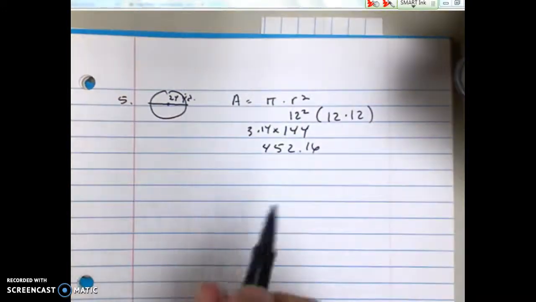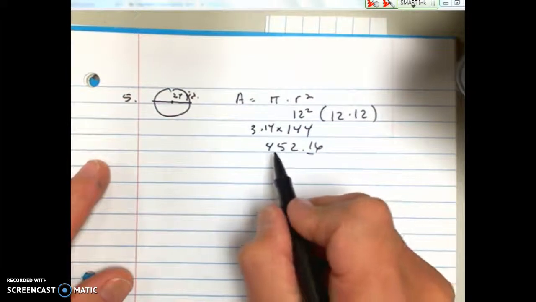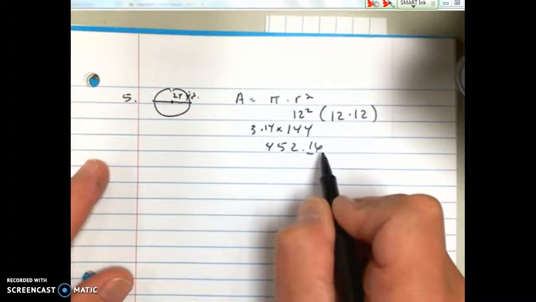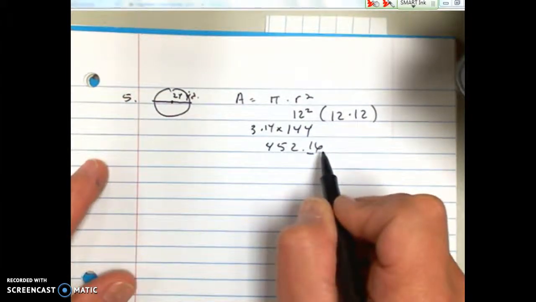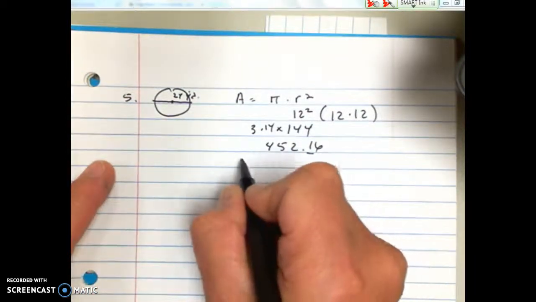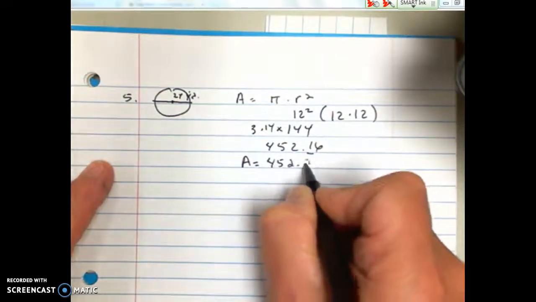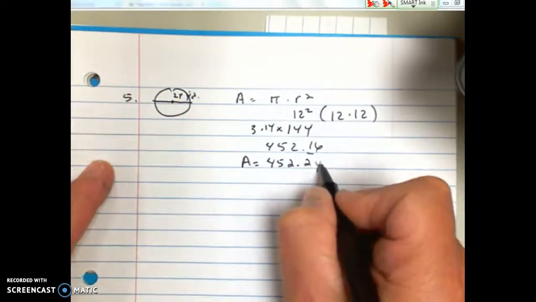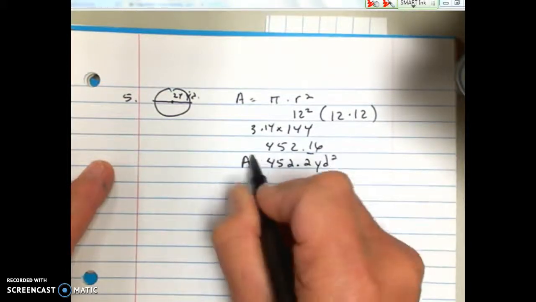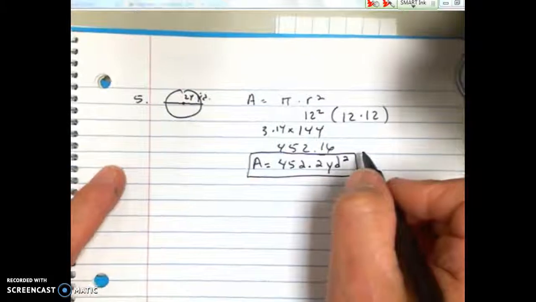Now if you did get that, you have to round this to the nearest tenth, so what I'm going to say is, is that closer to 1/10 or 2/10? And of course the 6 tells us that it is closer to 2/10, so we can say that our area is equal to 452 and 2/10 yards squared. And we box that in.